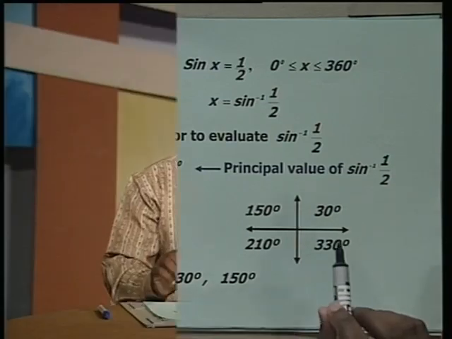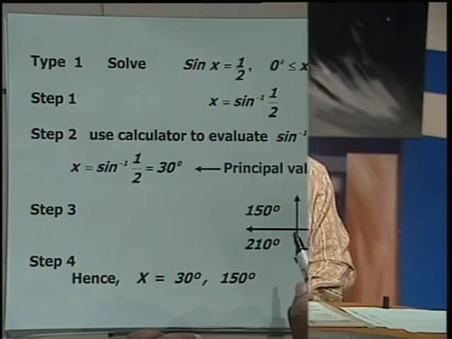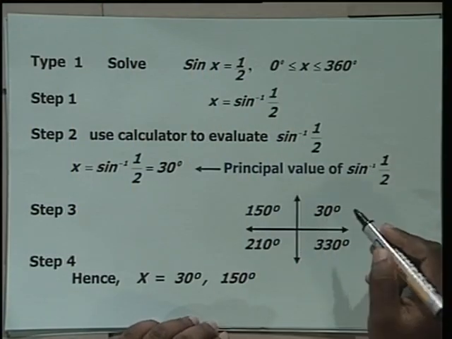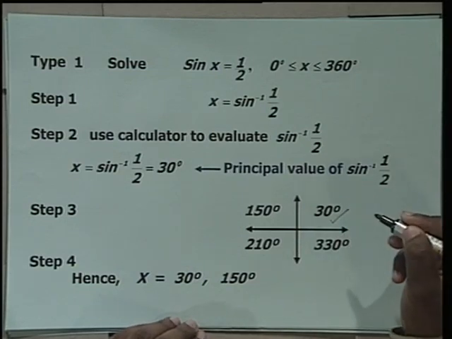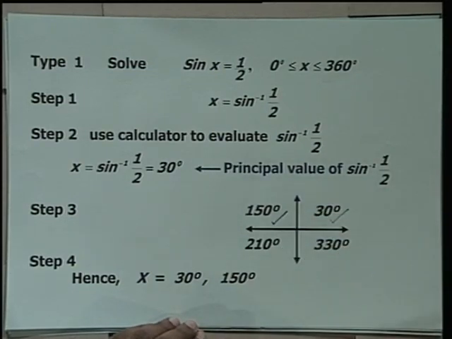Now, we're looking for all those values of x which have their sine value equal to half. That is, sine x is positive. So we will take as solution only those quadrants in which sine is positive. So we'll take solution in the first quadrant and the second quadrant.